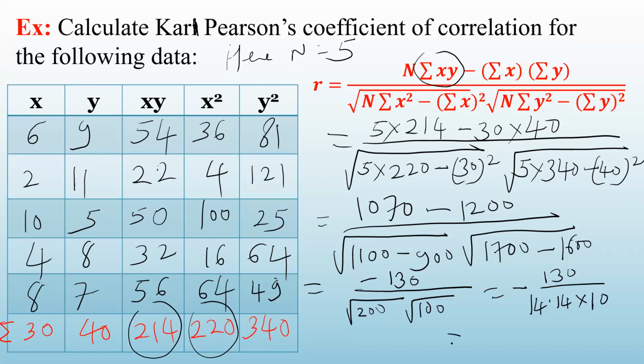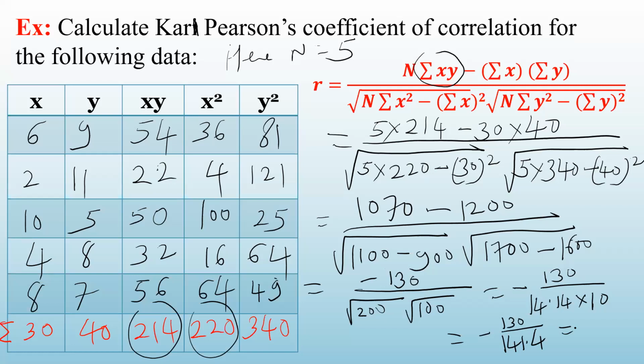Okay. Now what you have to do is 14.14 multiply by 10, that will give you 141.4. Now finally what you have to do, 130 divided by 141.4.